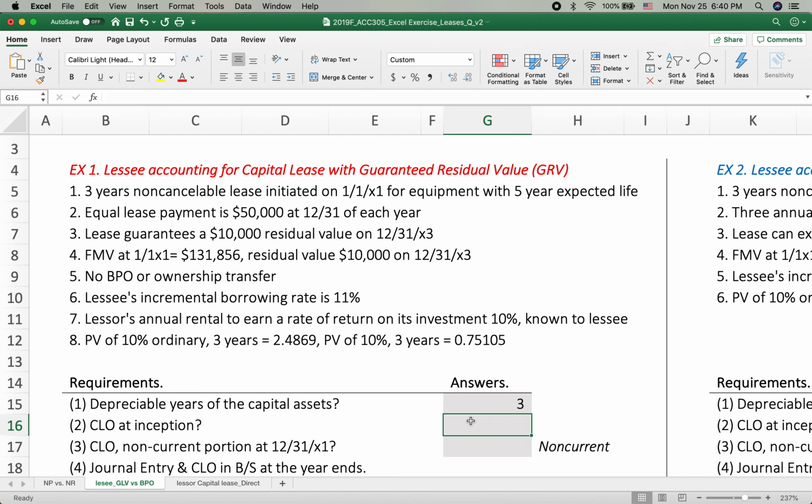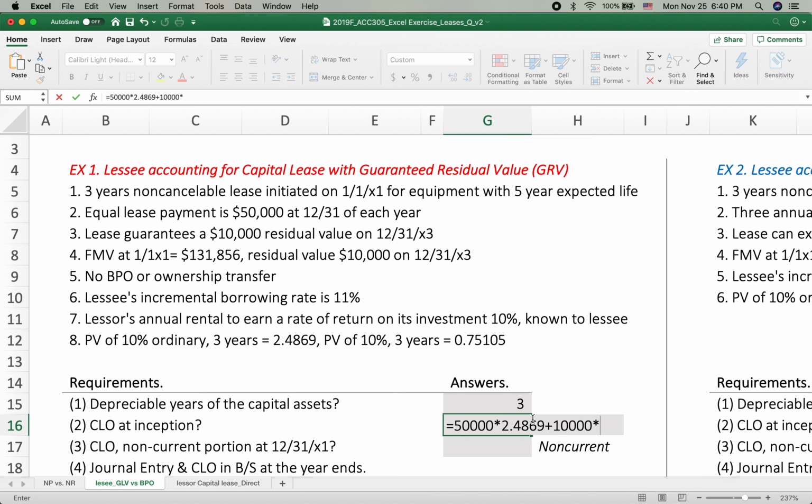Right. So let's calculate the capital lease obligation at inception. That is the value of the capital lease the lessee should recognize, should report on the balance sheet. So how do we calculate it? Here we go. $50,000 minimum lease payment every year, 2.4869 is the ordinary annuity factor. And then what else? Right, the $10,000 is the one-time future cash flow at the year end of this lease term.